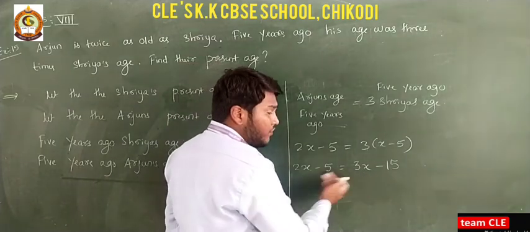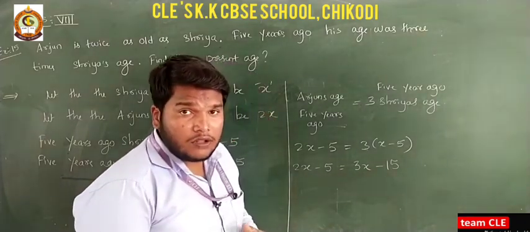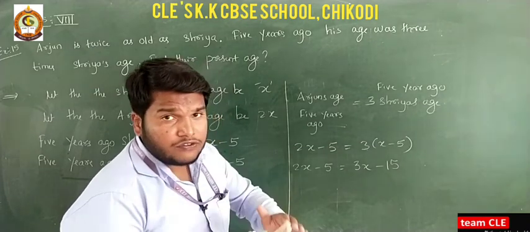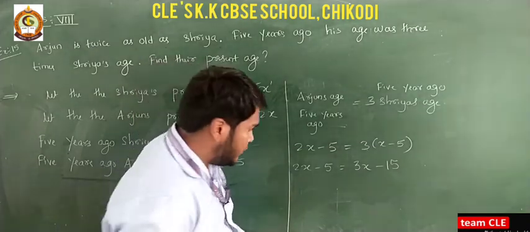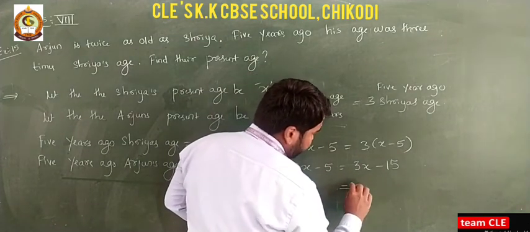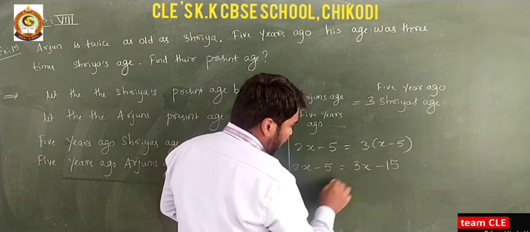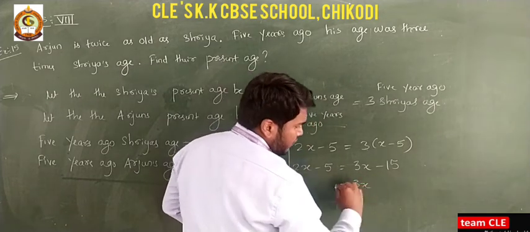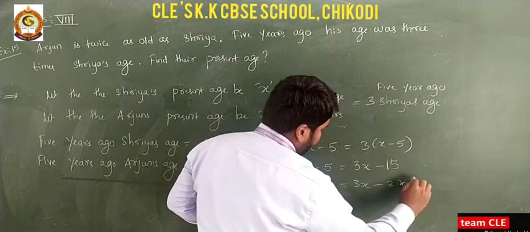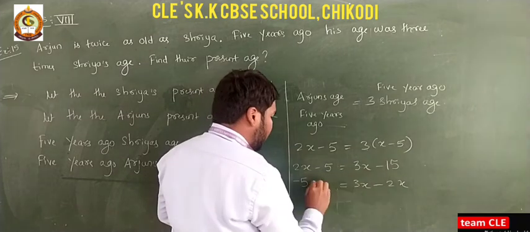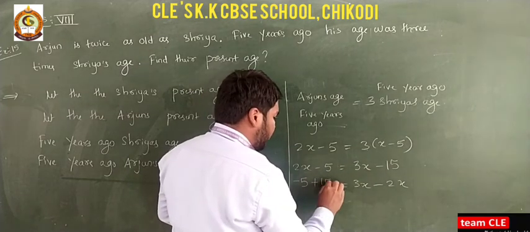Now, separate the variables on the LHS and the constants on the RHS. So 3x on the RHS; the 2x I take to the other side and it becomes minus 2x, minus 5 stays as it is, and minus 15 coming to the LHS becomes plus 15.